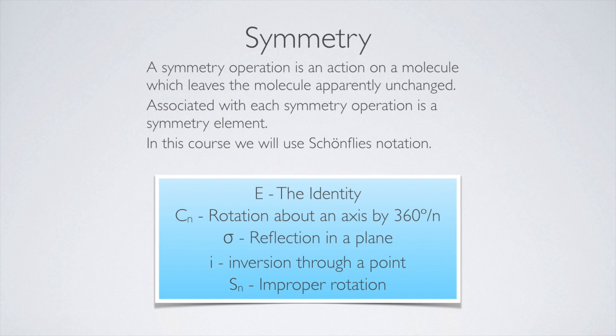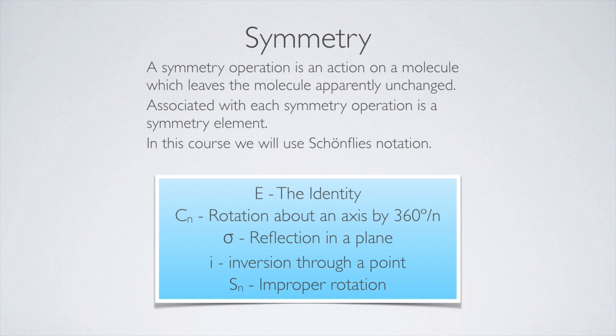identity, which does leave every atom in a molecule unchanged, is called E. There are axes of rotation, denoted as capital C, and the order of that rotation, that is, the number of times that the rotation occurs within 360 degrees to give you the altered species, is defined by n.